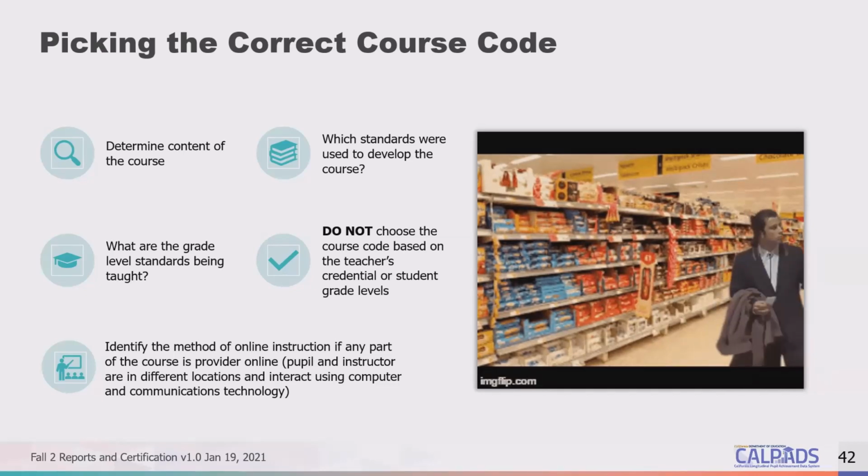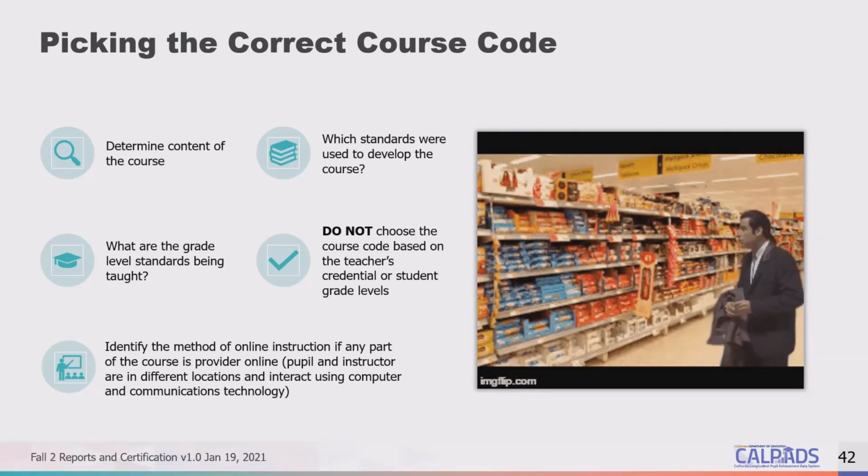And then do not choose your course code based on the credential or the student's grade levels, right? So think about the content and the standards, pick the course code. Don't try to identify or map the course based on what the teacher is authorized to teach, right? We're trying to identify those teachers that are not appropriately assigned, not avoid that.